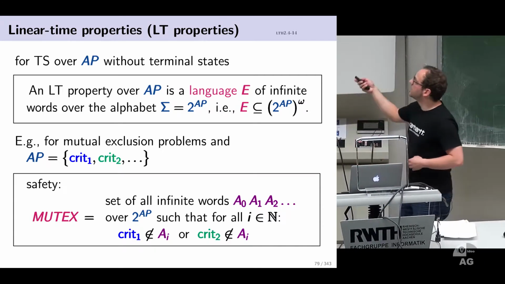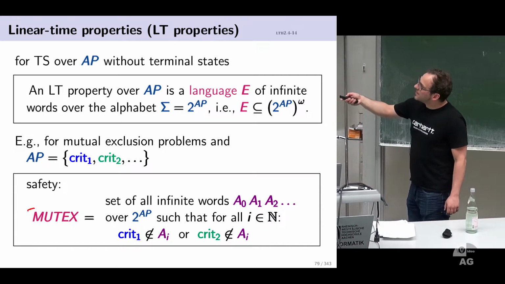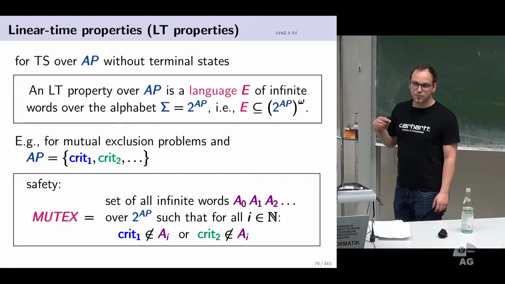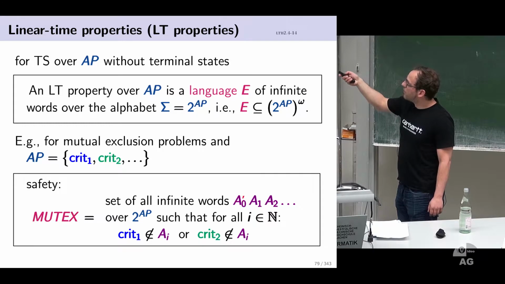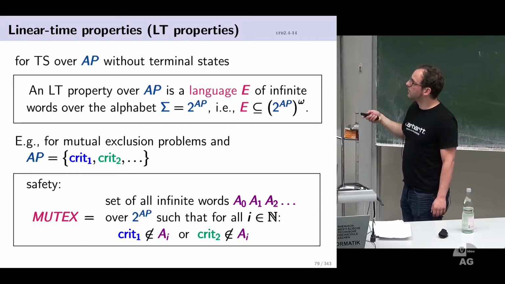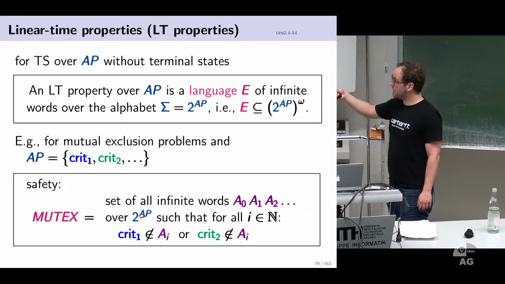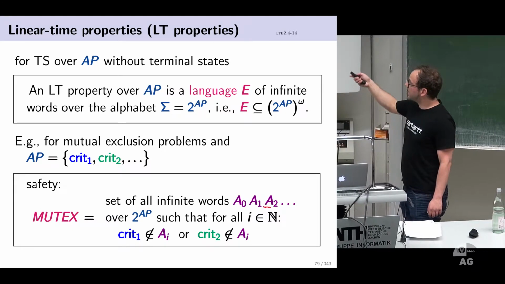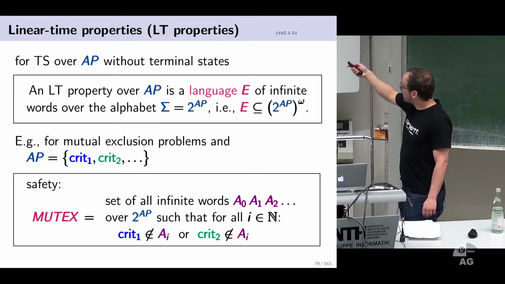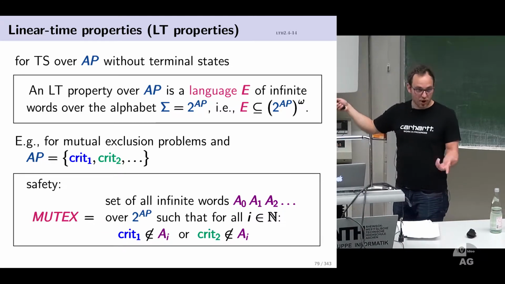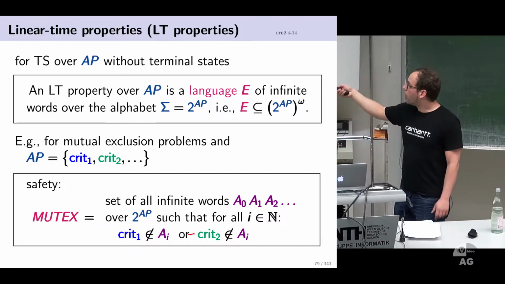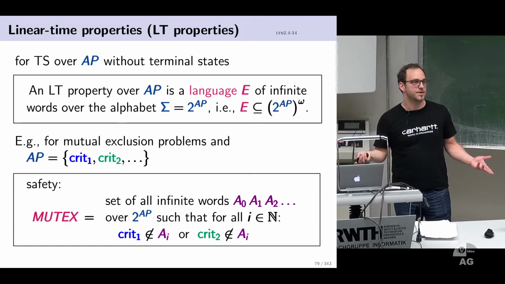Well, we can do that by saying, let this set contain all infinite words of the form A0, A1, and so on, over the power set of atomic propositions, such that for every Ai, either process 1 is not in the critical section or process 2 is not in the critical section.